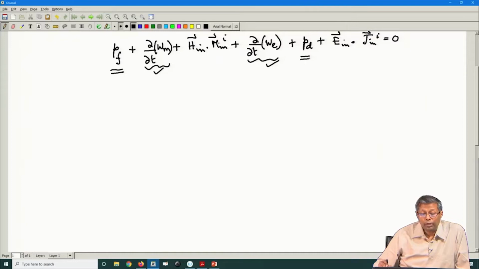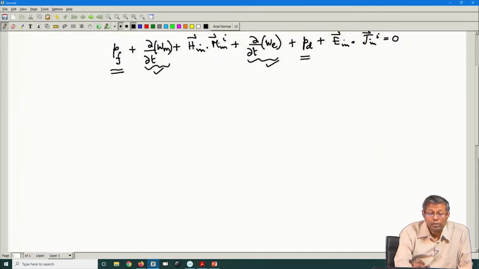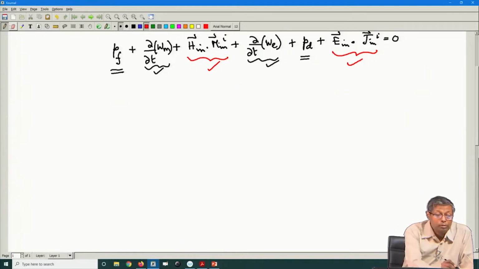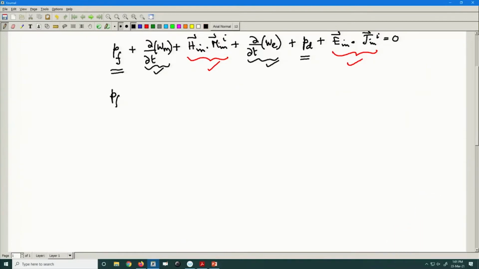So, we now say that therefore, this term and this term, these two terms should be the power provided by the sources J in I and M in I. So, let me rearrange the terms once again.